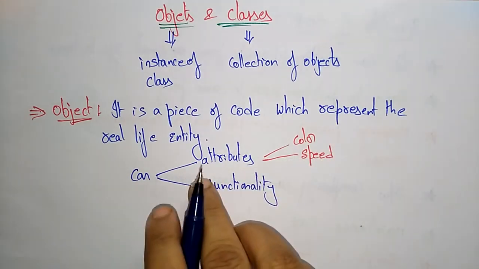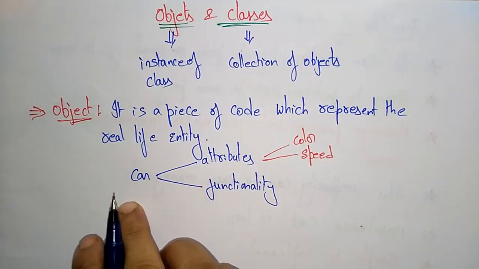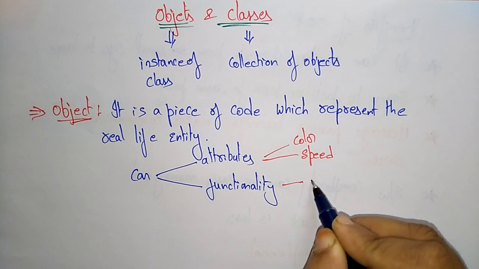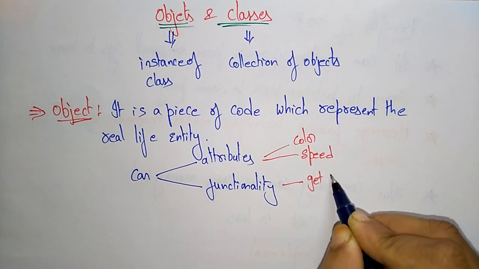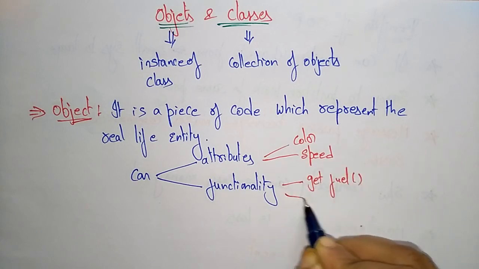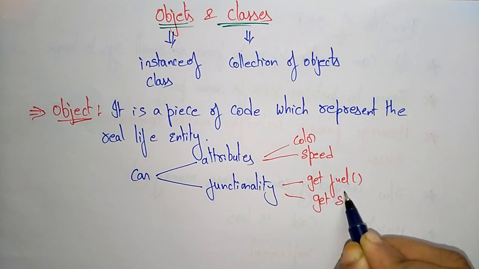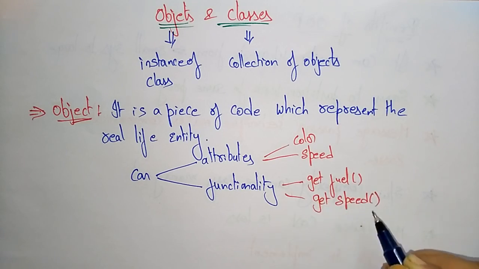Those are the attributes related to the car. Whereas functionality means get fuel, get speed. These are called the functionality of the car.